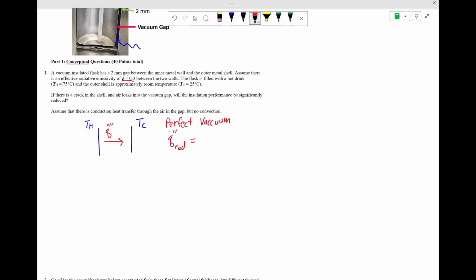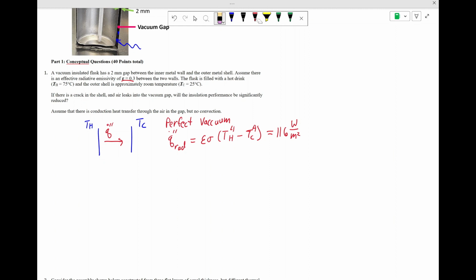So that's our heat flux due to radiation, which is just going to follow epsilon sigma (TH to the fourth minus TC to the fourth). And that works out to about 116 watts per meter squared.